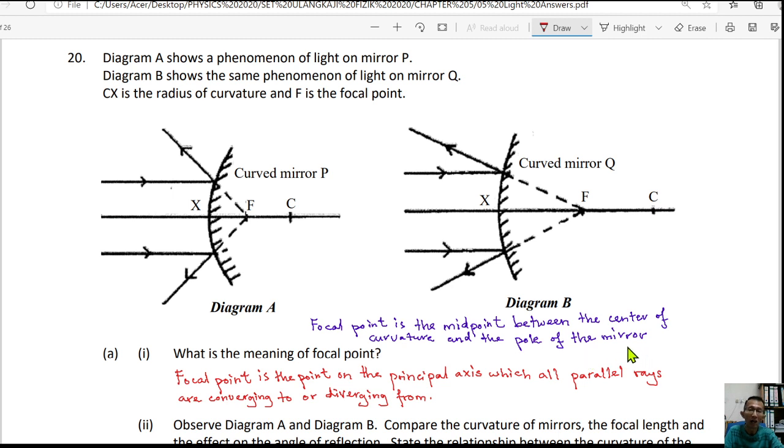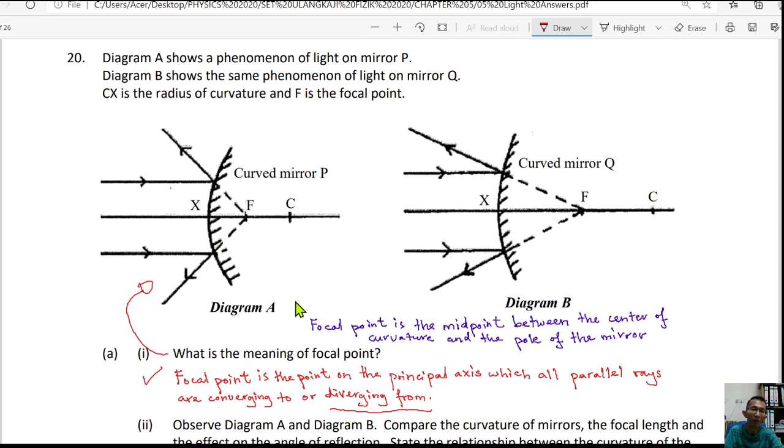Okay, if I am to compare these two answers, I would say that this is a better answer because it refers to my diagram. Okay, so what is my focal point? So the focal point is the point on my principal axis which all the parallel rays are diverging from. Okay, it's diverging from, if I look at my picture.